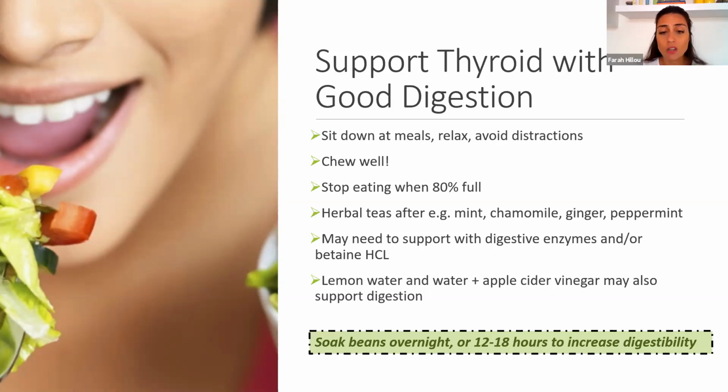A note on certain beans and legumes: in order for us to digest them well, it's important that we soak them. Sometimes you may have to soak nuts, grains, beans, legumes, chickpeas, lentils, at least overnight.